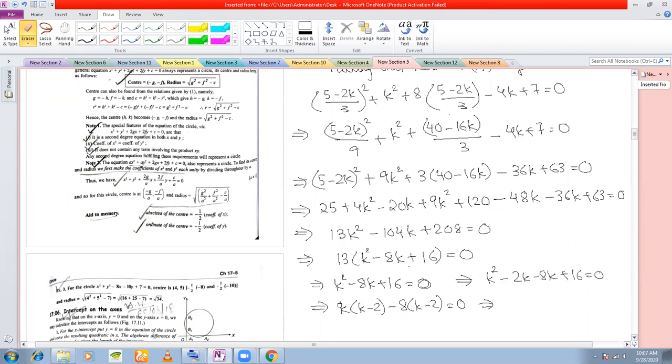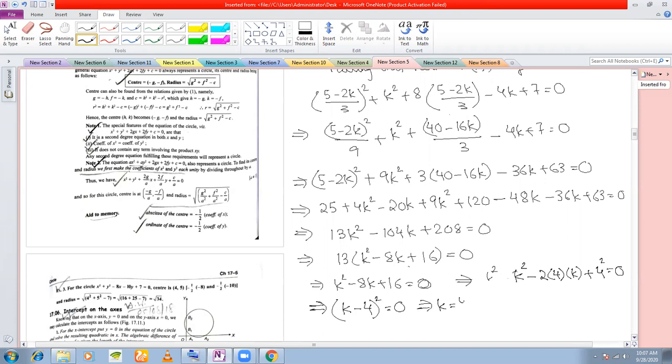Yes, this is a perfect square actually. So this is k square minus 2 into 4 into k, 4k, plus 4 square equal to 0. So you're getting (k minus 4) whole square equal to 0.